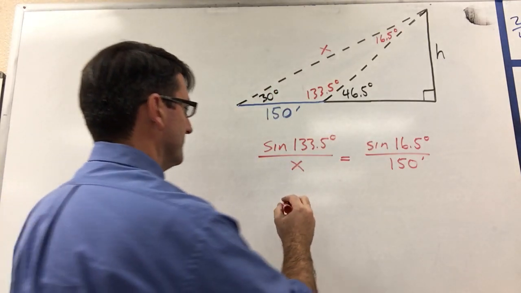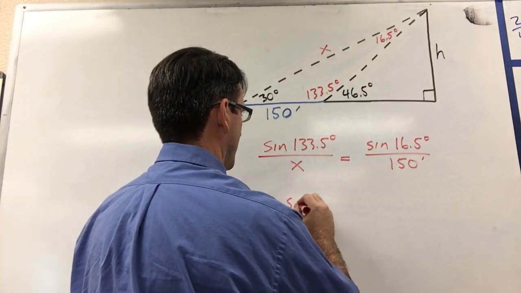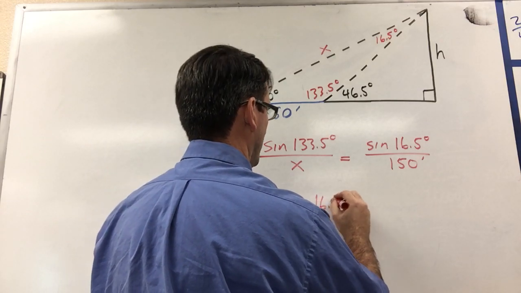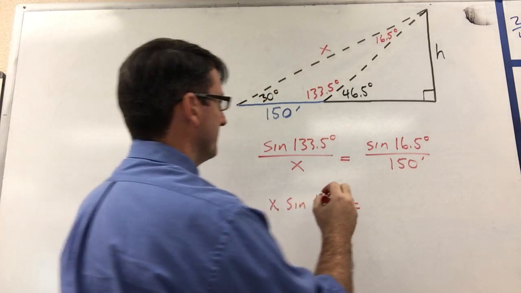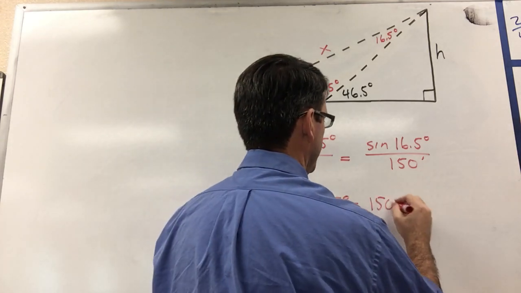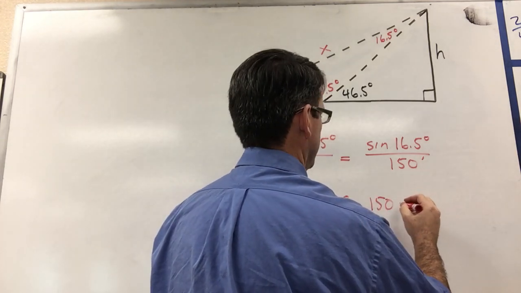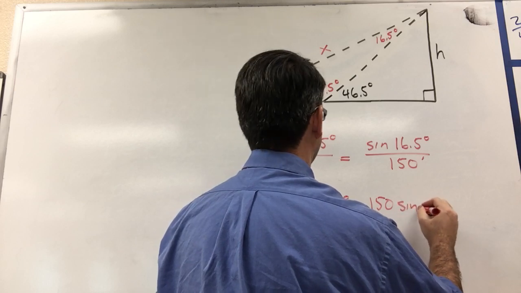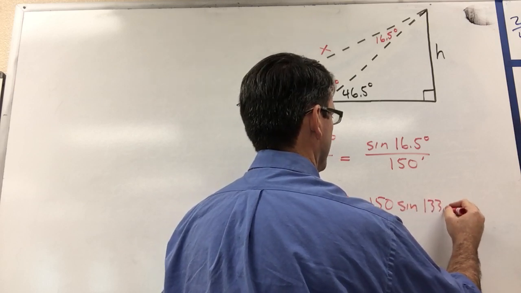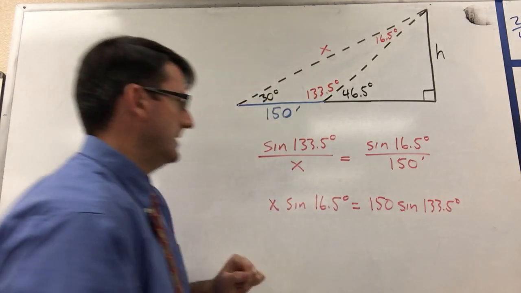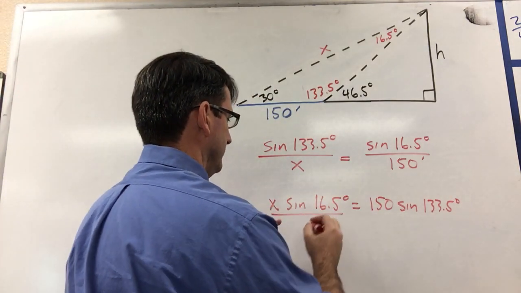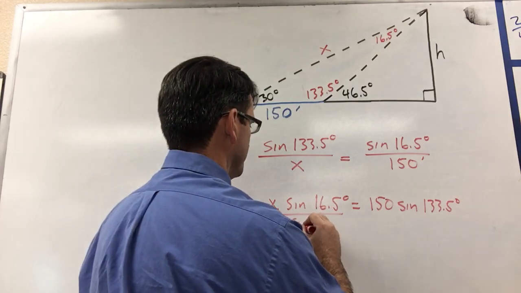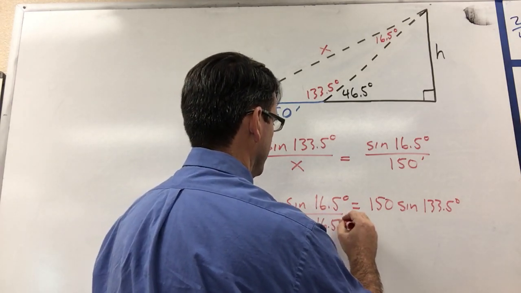Now we can cross multiply here. We have x times the sine of 16.5 degrees is equal to 150 times the sine of 133.5. And now we can get x by itself by dividing both sides by the sine of 16.5 degrees.